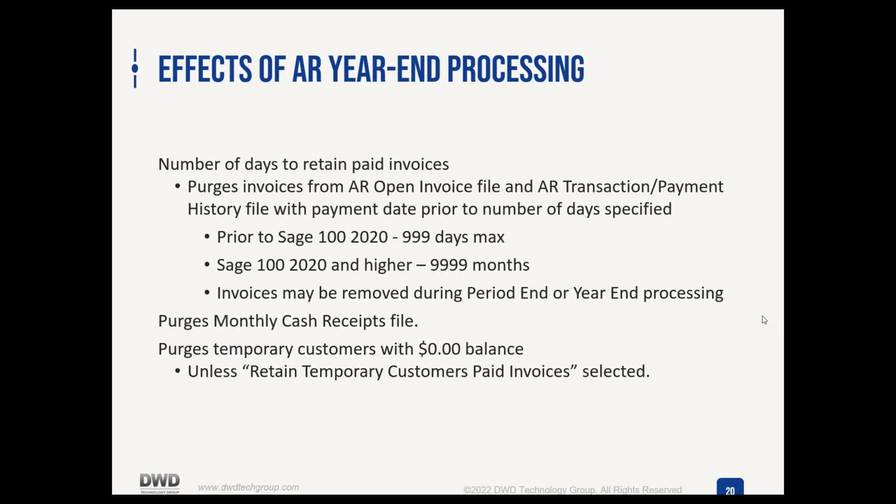If that customer balance is a zero balance, they don't have any open invoices, those could potentially be purged from your customer list. So that kind of helps keep your list clean. And if we don't want to purge those temporary customers, there is a checkbox in the accounts receivable settings that will allow us to hold on to those temporary customers even though their invoices are paid by year end.